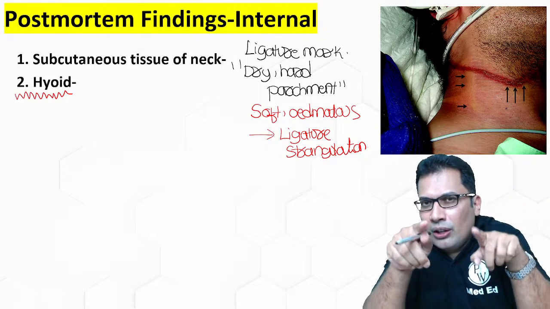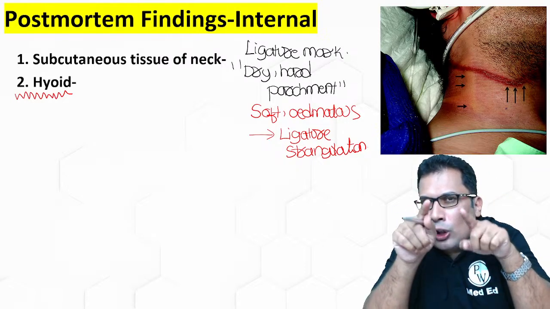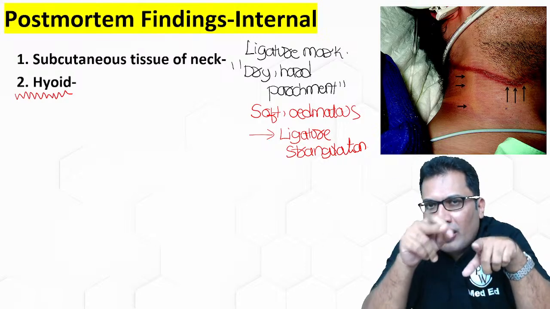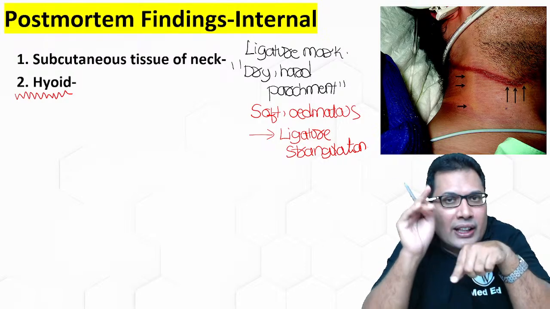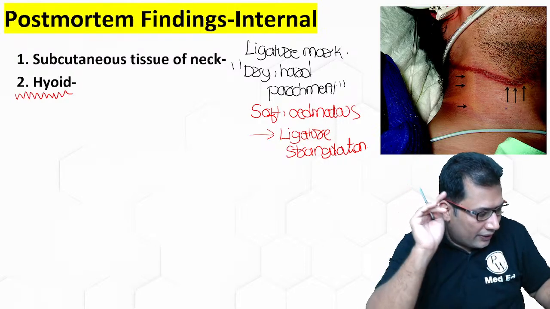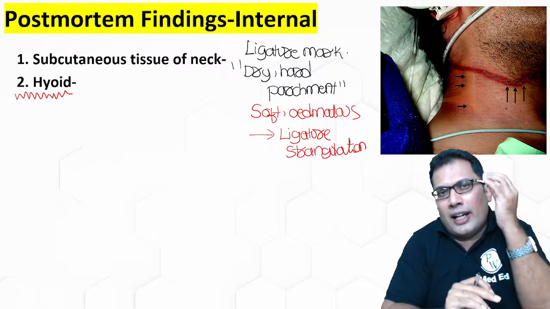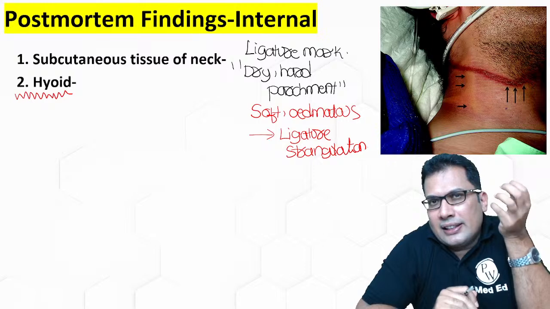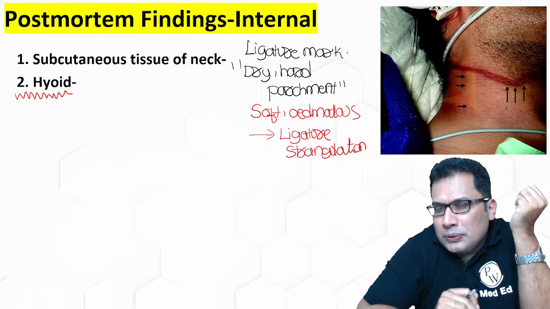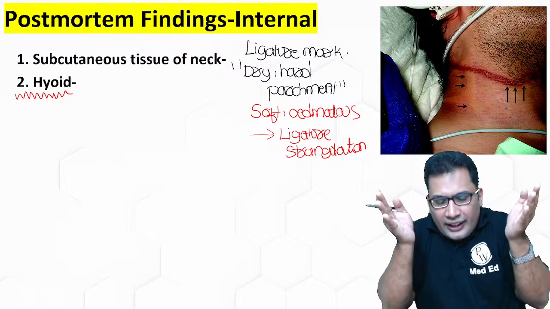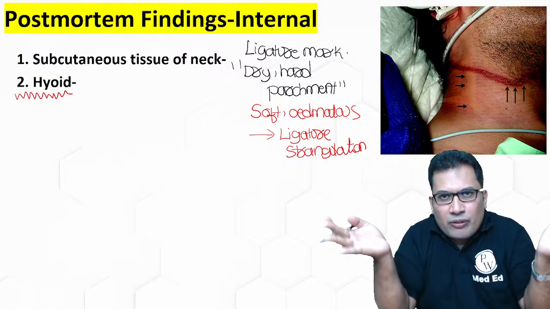Can anybody answer what type of fracture is common in hanging? What type of hyoid bone fracture is common in case of hanging? The hyoid bone has a body, a greater cornu and a lesser cornu. So my question is, what type of fracture? Is it an inward fracture, an outward fracture?